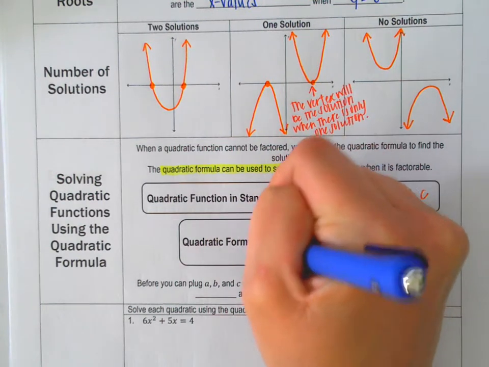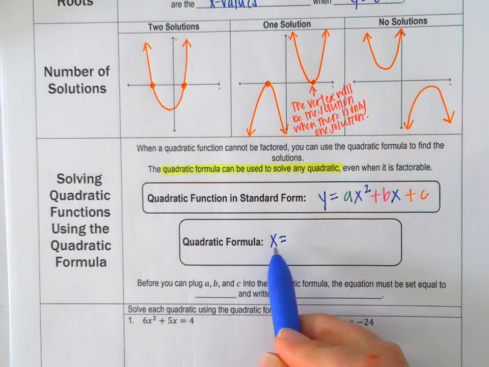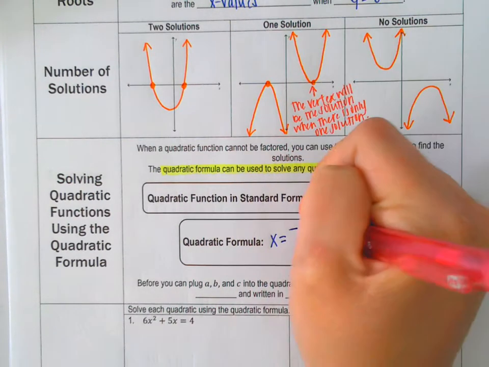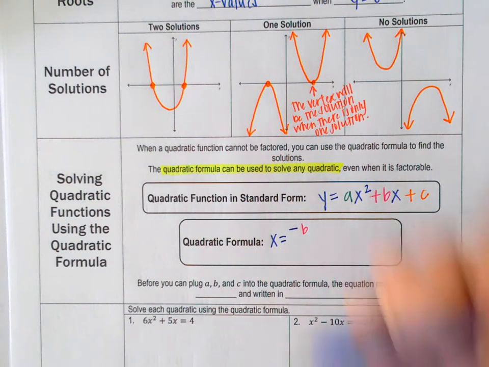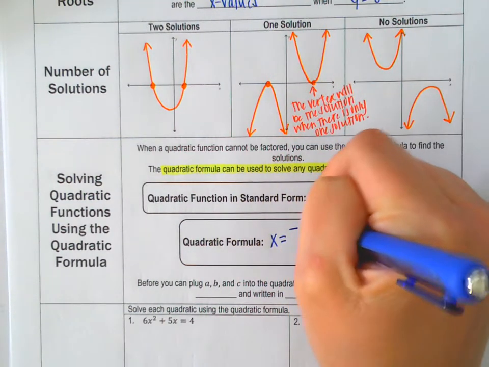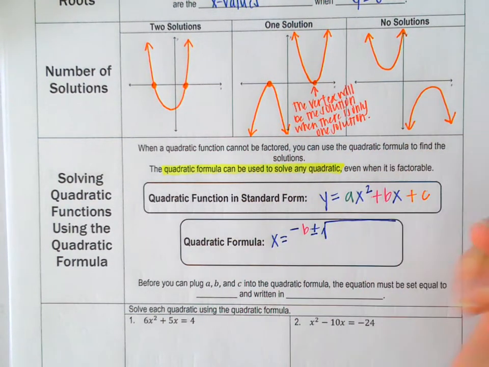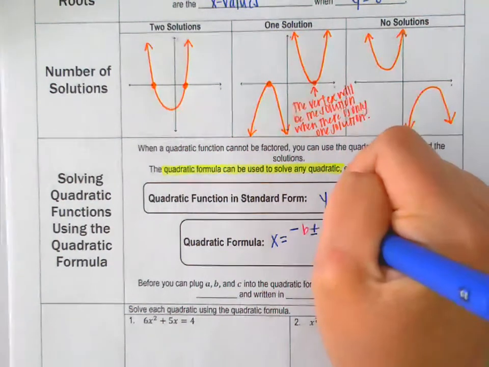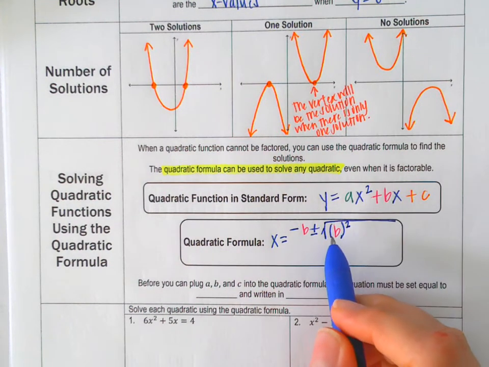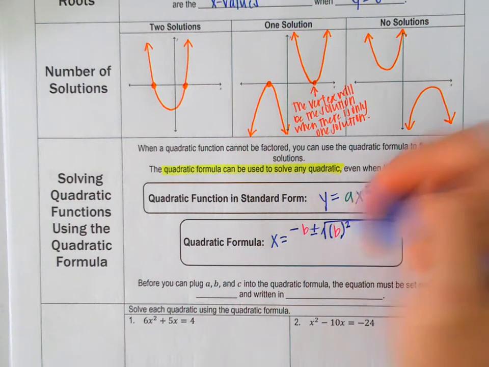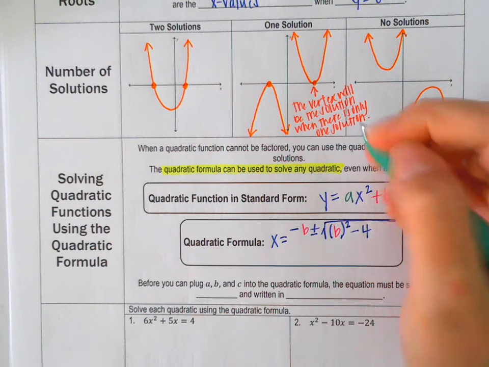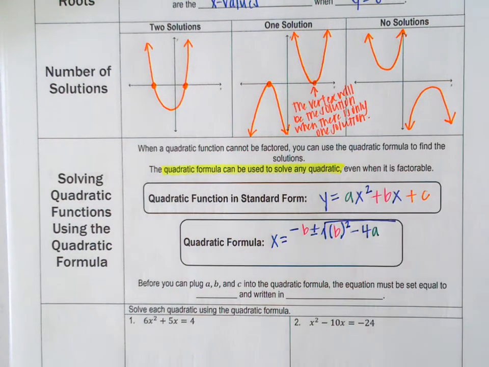The formula is x equals, because we're solving for x, the opposite of b plus or minus the square root of (b) squared minus 4 times a times c. I'm going to put b in parentheses because I always want you to remember that when we're squaring something, it's in parentheses.